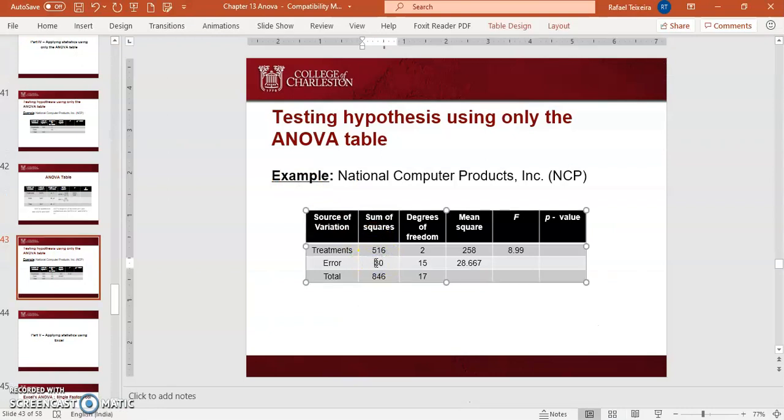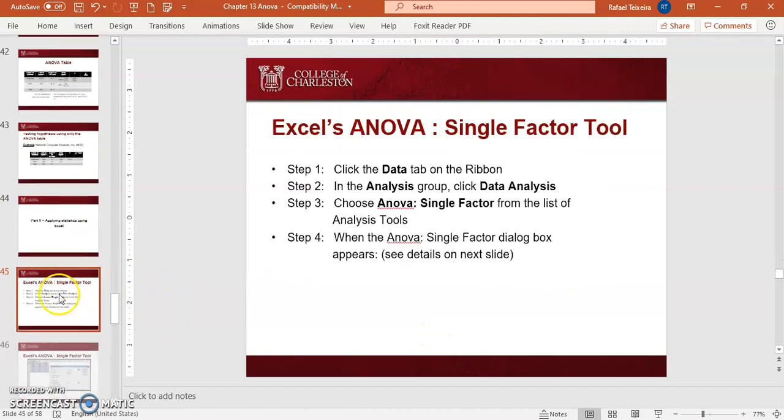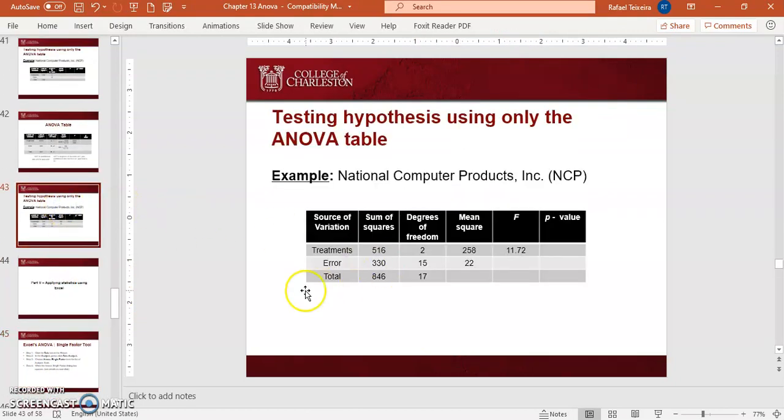I have to correct it. Let's do it now. So this is 22, and the F is 11.72. So that was a typo in my slides. But anyway, this is the same thing we found, and then you get the p-value, and that's it.